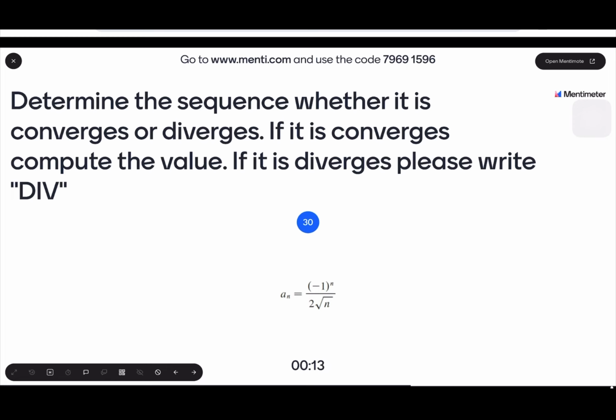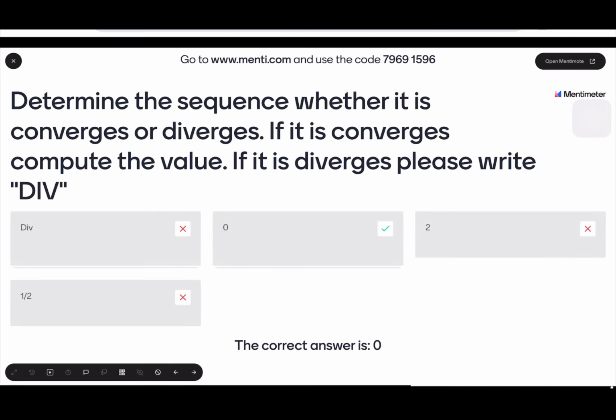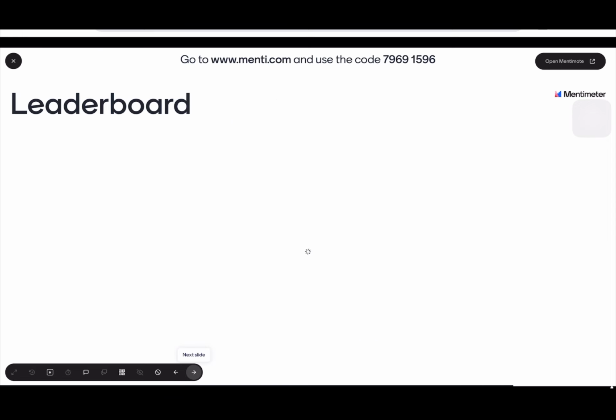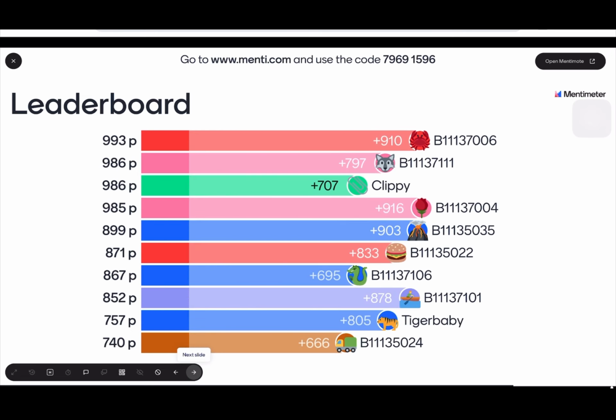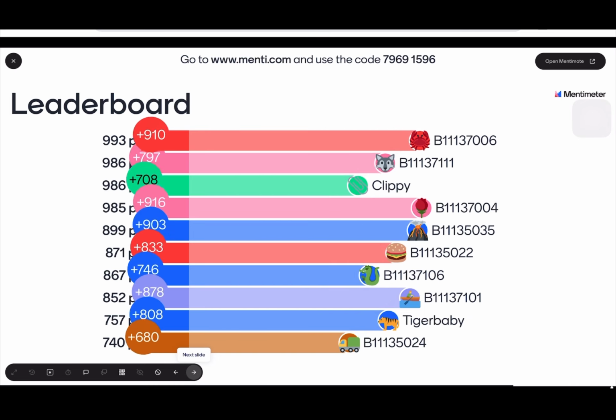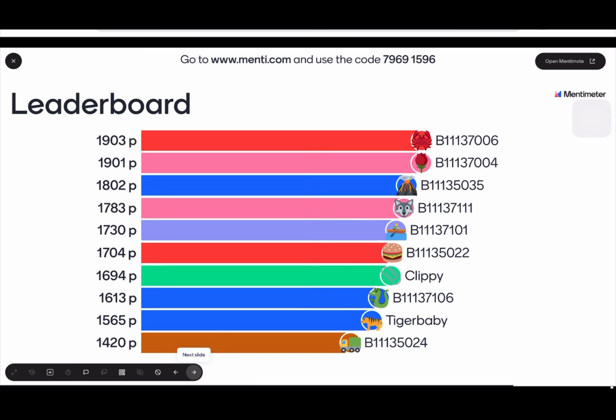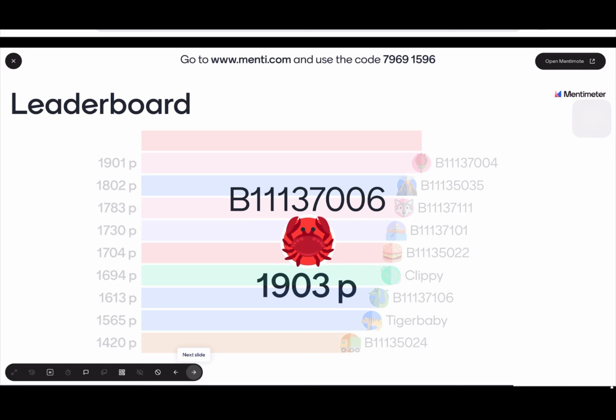Who's still computing? Okay, you can take the absolute value and take the limit. So it should be 0, right? 1 over infinity. Okay. I think still the same. Yeah, same leader. Okay, congratulations.